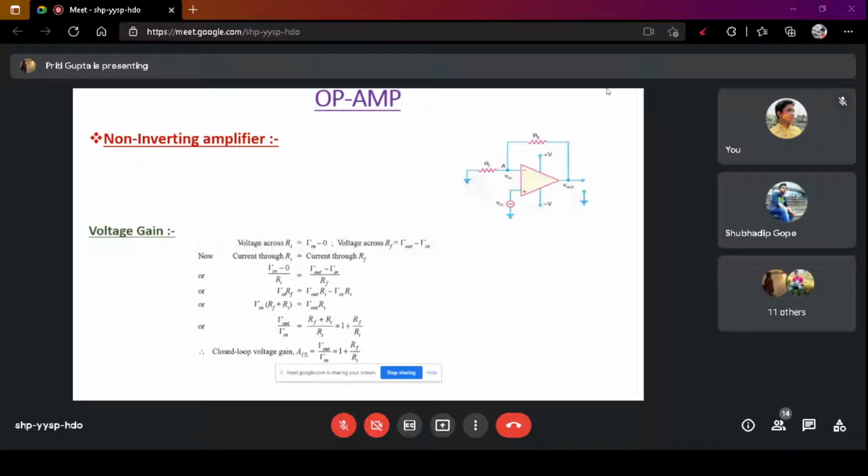Since the input is applied to the non-inverting terminal, the output signal will be non-inverted. That is, the output signal will be in phase with the input signal. Hence the name non-inverting amplifier.